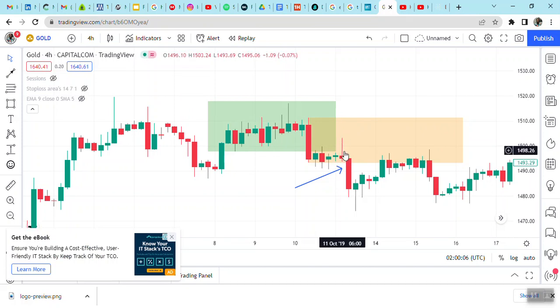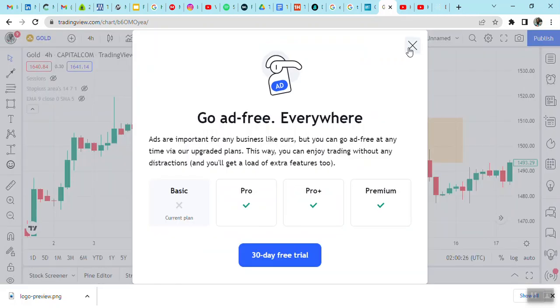Then what happens? It came down like this. So you want to put your entry somewhere here, like 2 to 5 pips below the second breakout. You want to take your entry, and you can place your stop loss. You can put your targets.